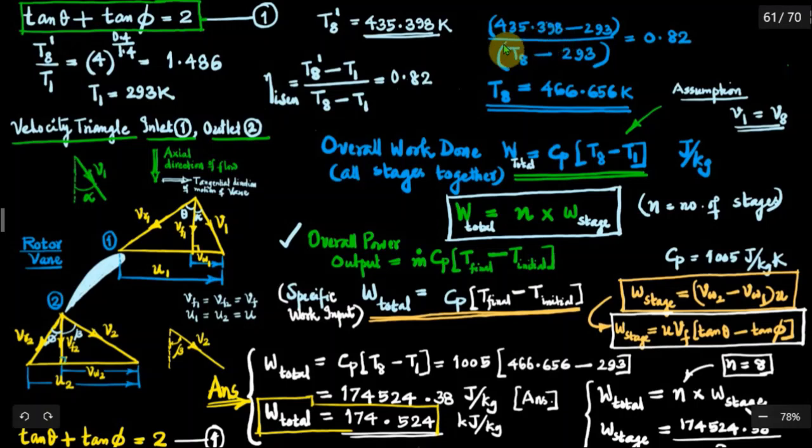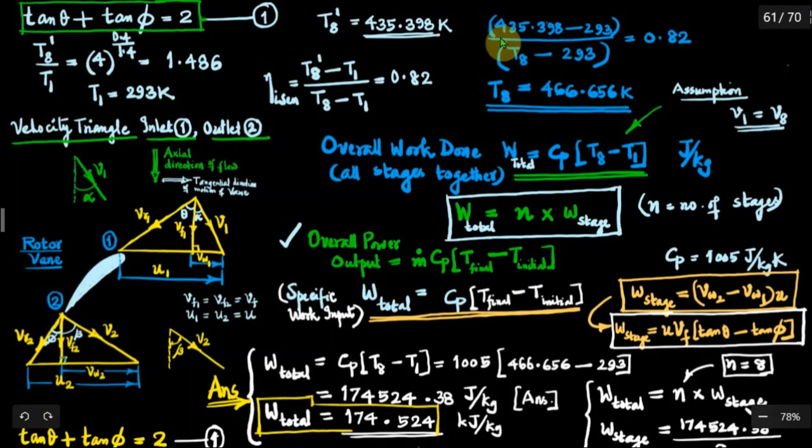If the compression is isentropic, then this would have been the final temperature. So 435.398 minus T1, 293, divided by T8, which we do not know, minus the inlet temperature 293. So use this, and T8 can be found out.